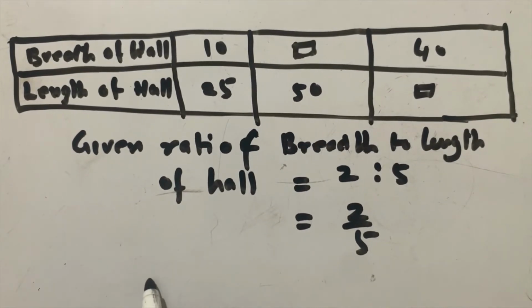That is breadth of the hall upon length of the hall is equal to 2/5.